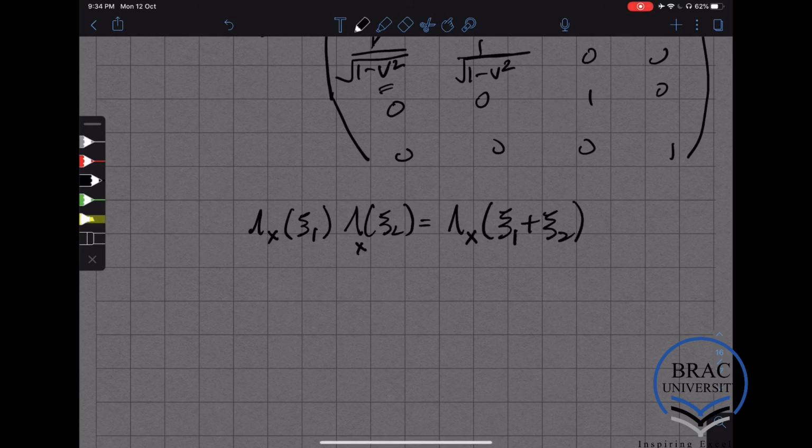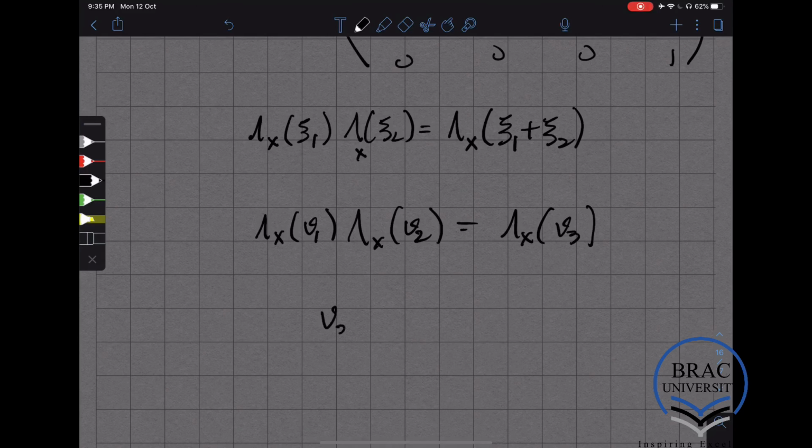Whereas on the other hand, if I write the same transformation in terms of the corresponding velocities, say v1 and v2, then we get some velocity v3, and v3 is related to v1 and v2 like so: v3 equals v1 plus v2 divided by 1 plus v1 v2.